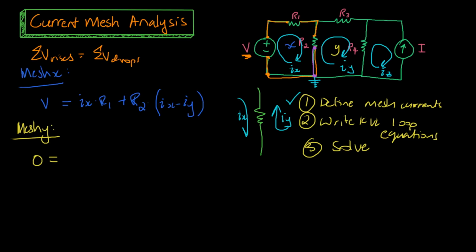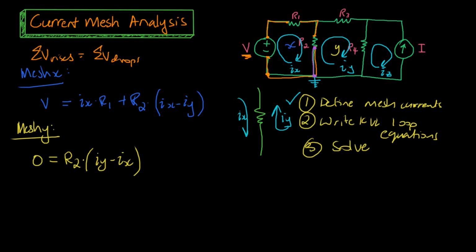So that's going to be the resistance R2. And remember our trick here, that it's always the current in the mesh we're looking at minus the current in the other mesh if we have a clash of two currents. So that makes this voltage drop over R2 in mesh Y, R2 times IY minus IX.